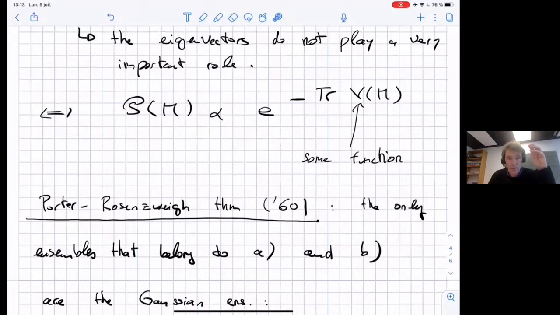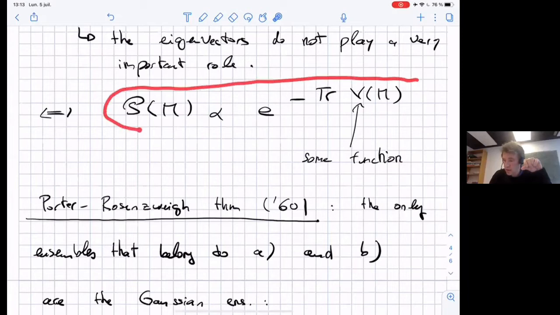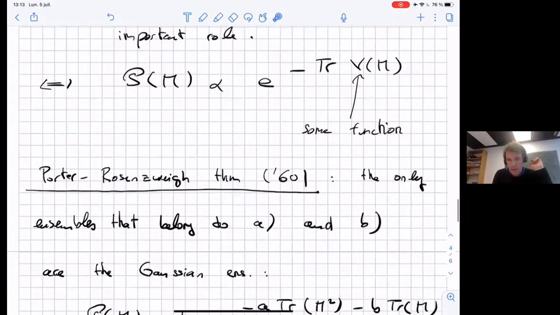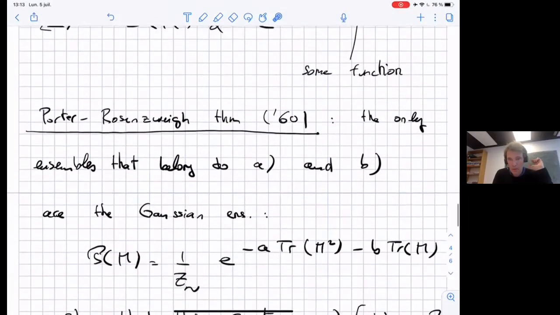There is one case where you can do that, and this is the one that I want to show you now. This is the Gaussian case. But otherwise, instead of defining a measure on the matrix elements, which is what Wigner is doing, here you really define a probability measure on the set of matrices.